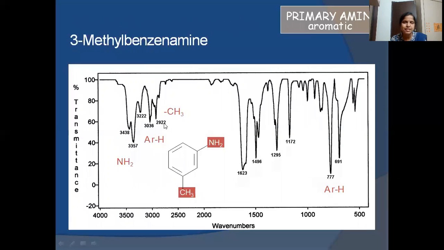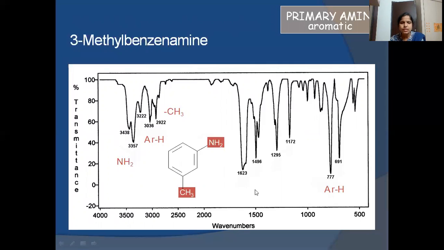So it is giving information that this might be due to sp2 CH stretching vibrations and this might be due to sp3 CH stretching vibrations. Because there is a CH3 group, we have one sp3 carbon which is having hydrogens.